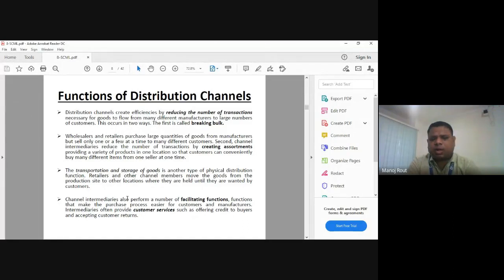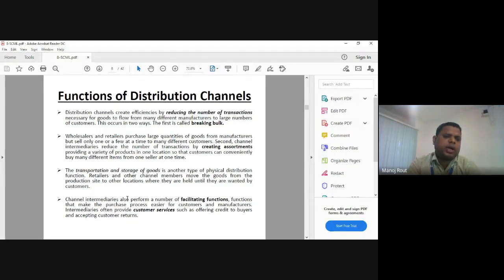One is breaking the bulk. Suppose you are shifting a bulk amount of iron ore or coal or a greater volume of raw material. In that case, you just break the bulk and shift it in a different way.